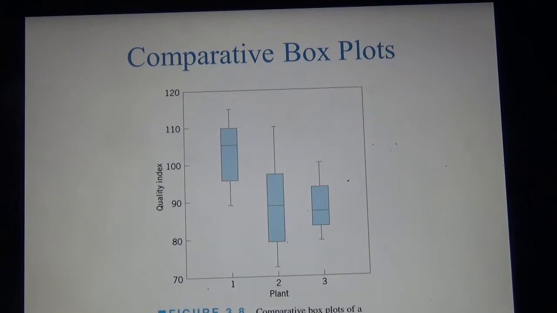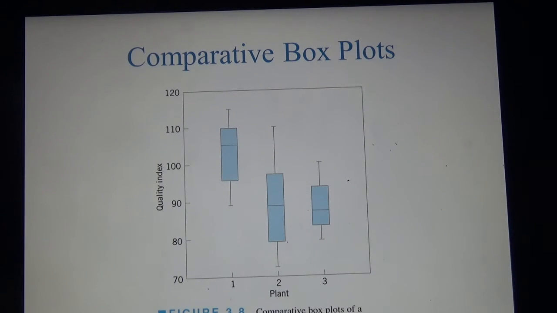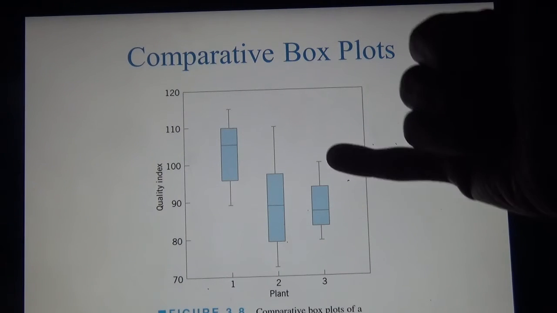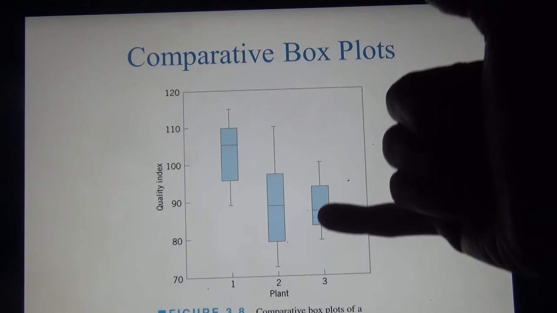For example, let's say that we have 3 plants. For the 3 plants' production, we took the data and drew the box plot diagrams. Which one has the least variability? The third one, because it has a very short range of values.